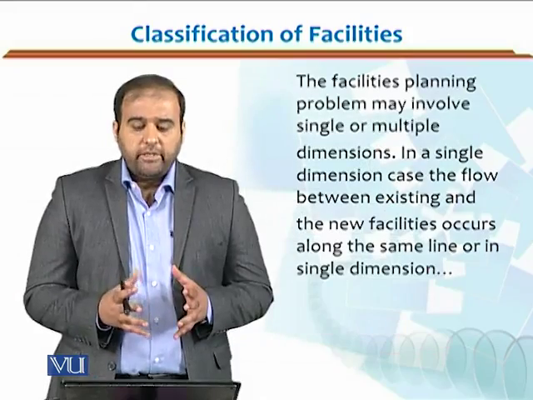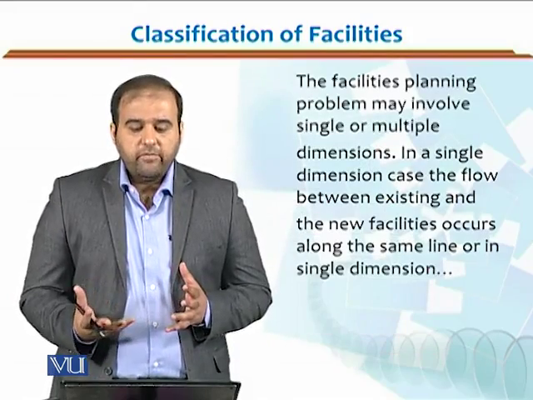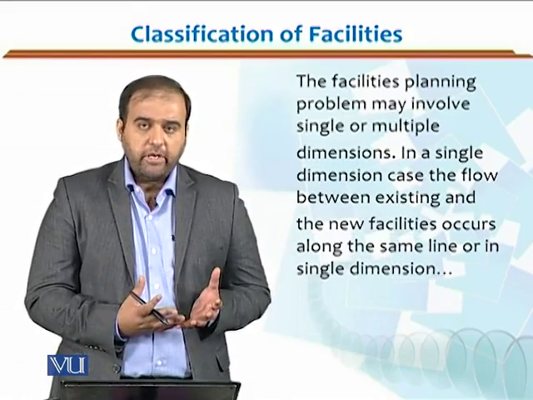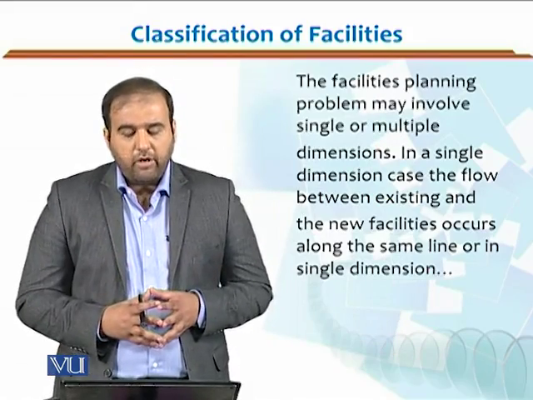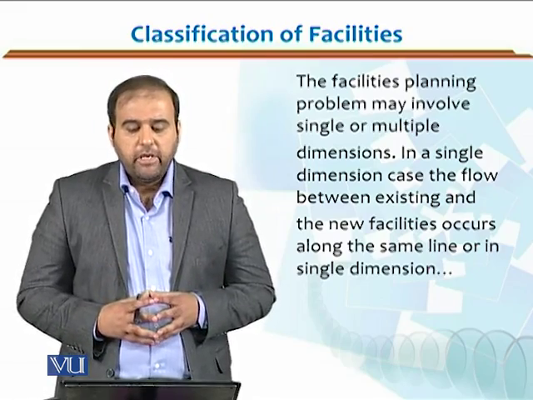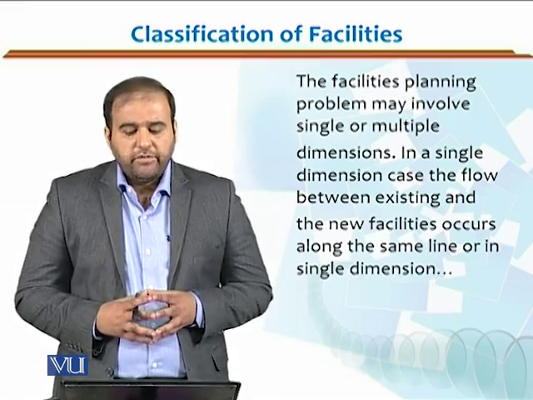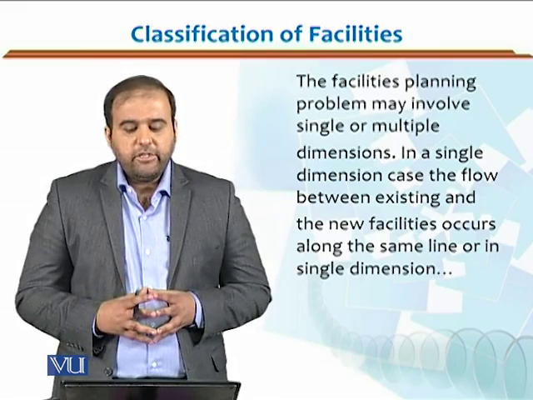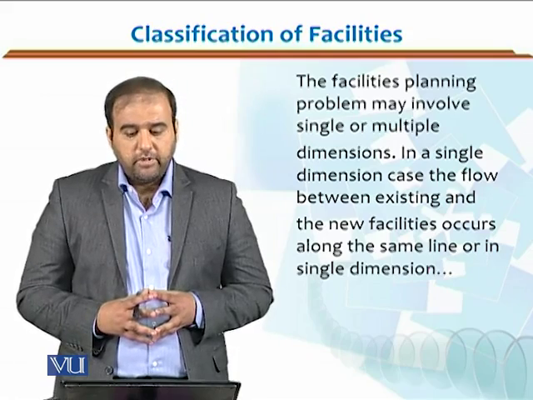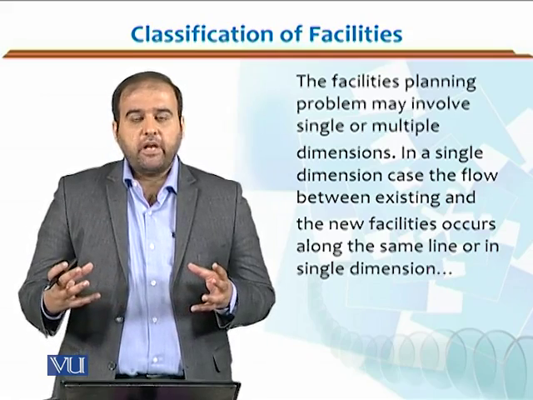So the facility planning problem may involve single or multiple dimensions. There could be one dimension to it, just routing, or there could be more than one decision involved in it. In a single dimension case, the flow between existing and the new facility occurs along the same line or in the same single dimension. That means it could be just a routing problem.